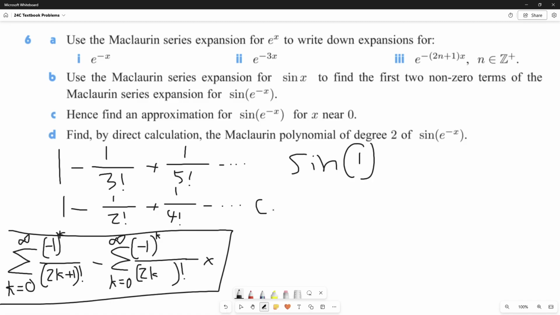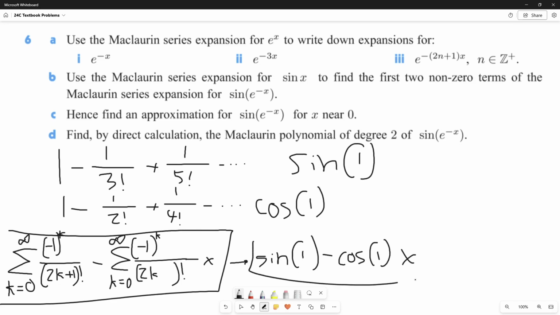And this is just cosine of 1. It follows the same pattern as cosine of x, just like I explained for the first one. So now we can rewrite this as sine of 1 minus cosine of 1 times x. And that's our approximation for sine of e to the negative x.